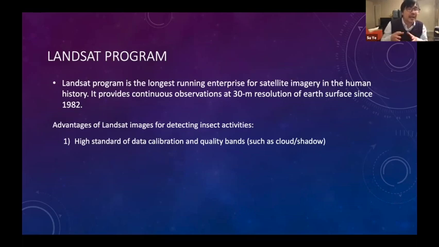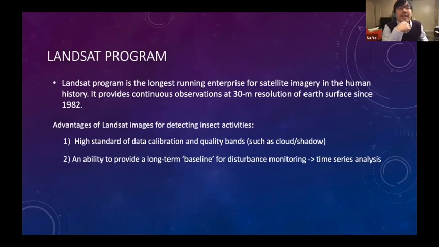Data quality and data consistency can directly relate to the accuracy of our detection results. Think about a dataset that has a lot of noise, then these subtle signals could very easily be diluted by this noise. That's the first reason I picked Landsat images.